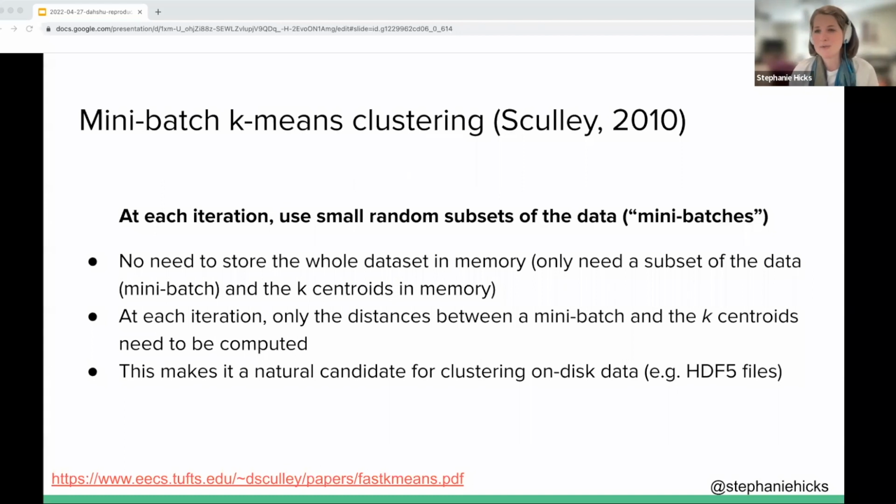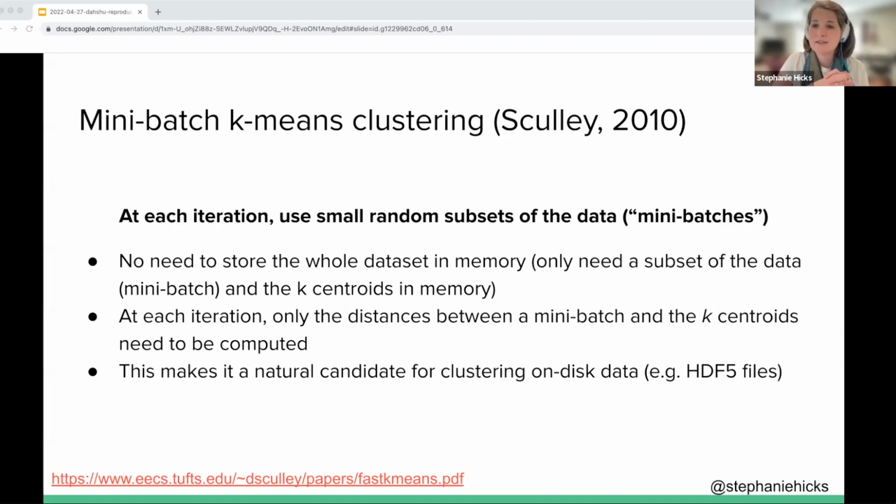I want to explain what it is, and then I'll talk more about it. Mini batch k-means is a really intuitive algorithm that's very similar to k-means, except that at each iteration in the algorithm, the idea is to use only a random small subset of the data, and they call that a mini batch.